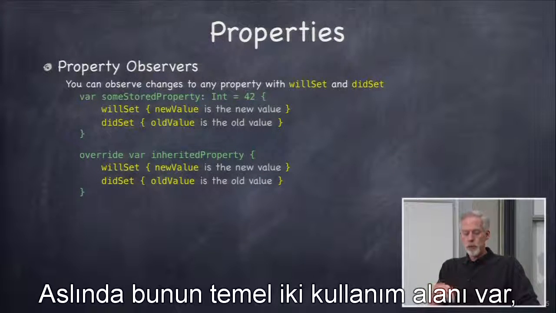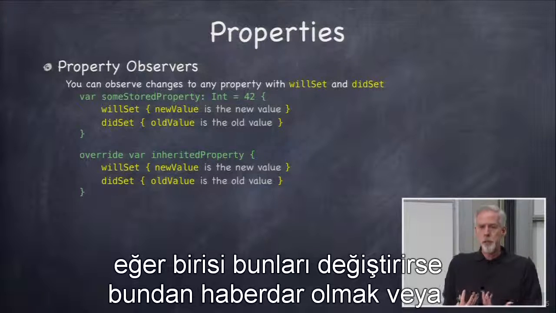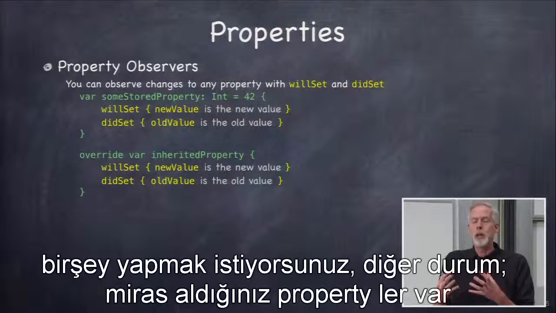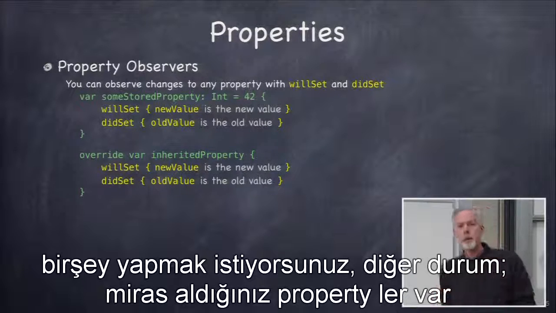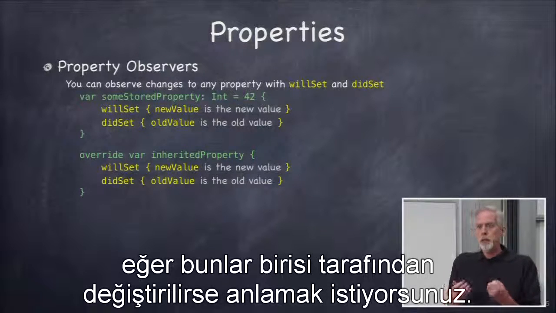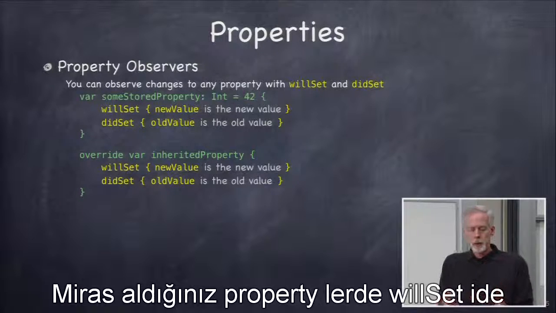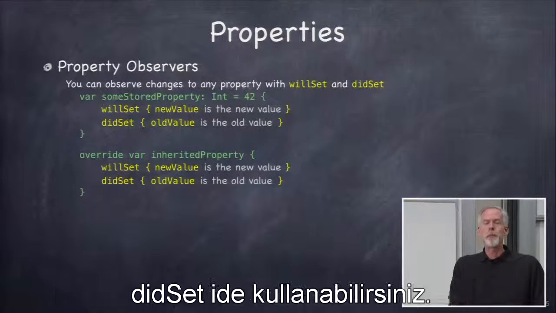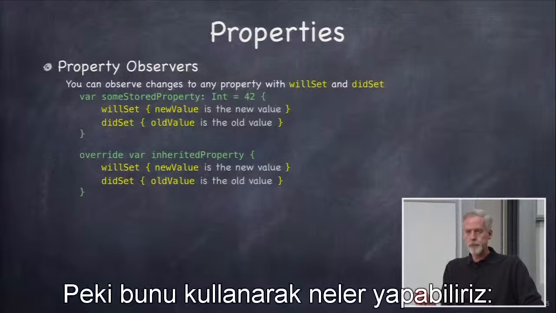Okay? Now, you use this in really kind of these two cases. One is you have a stored property in yourself, in your class, and whenever someone sets it, you want to kind of notice and do something. And the other one is you inherit some property, and you don't necessarily do anything with that property directly, but you want to know when that gets changed by anybody. Okay? So you can even do willSet and didSet on properties you inherit from your superclass. Okay?